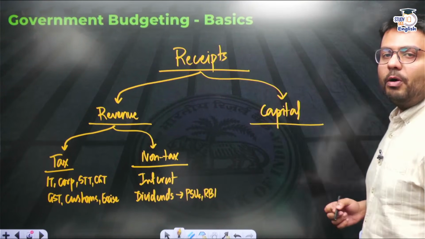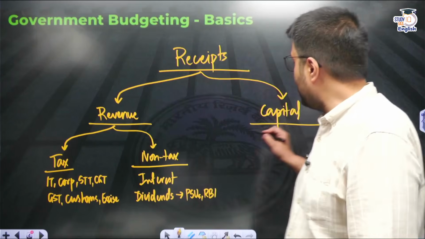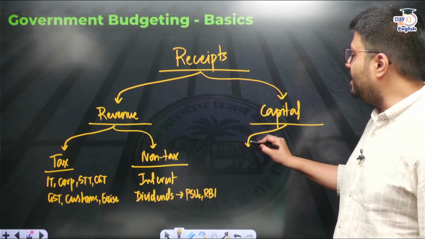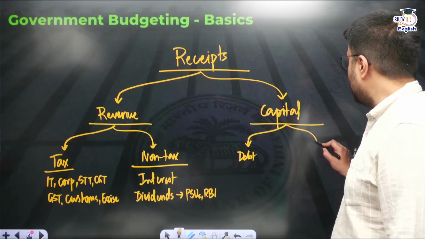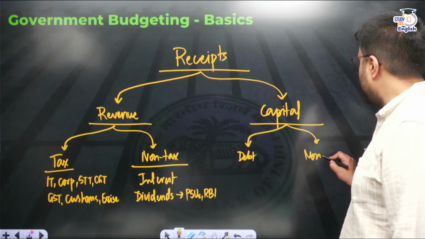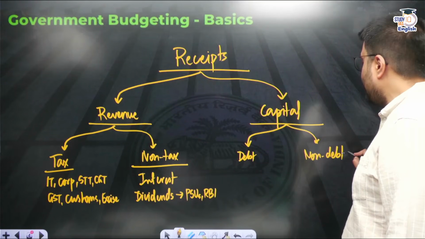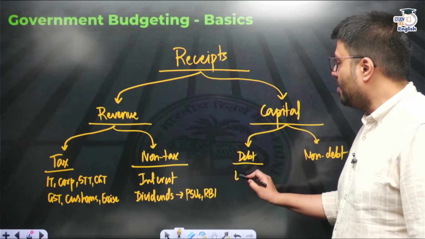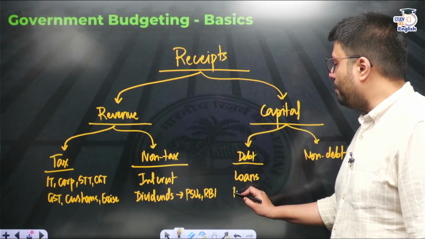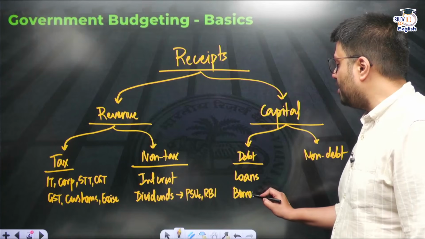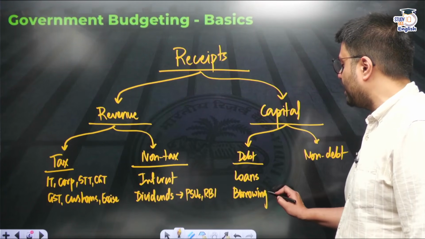Now let us talk about capital sources of revenue. Here, capital receipts can be divided into debt-creating capital receipts and non-debt-creating capital receipts. Debt-creating capital receipts are those receipts, for example, the loans taken by the Government of India or the borrowing done by the Government of India through issuing of government securities.